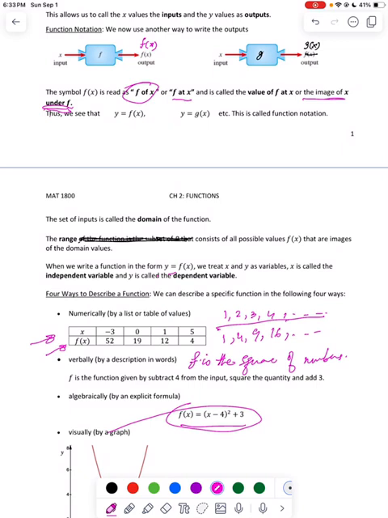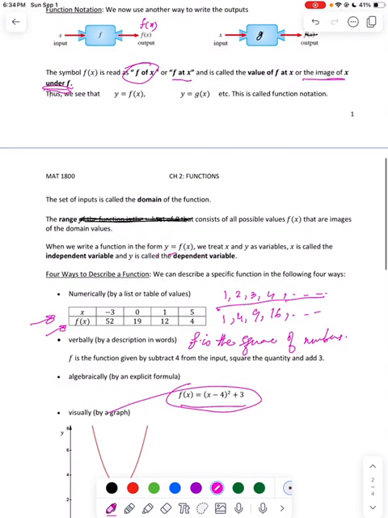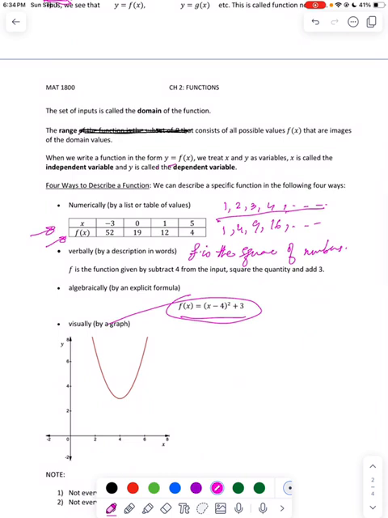So there are 4 ways. One is by listing, second is by verbal method or saying in words, third method is by using a formula, and the fourth is by graphing the function. So these 4 ways are shown for this function, and this is the graph of the function.